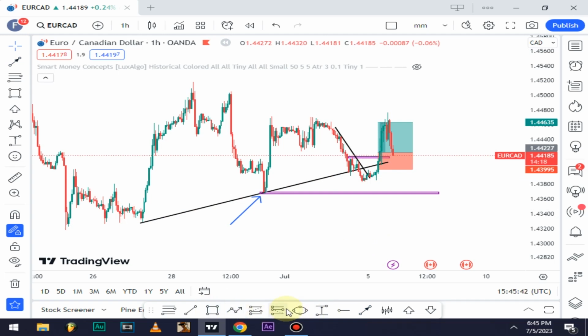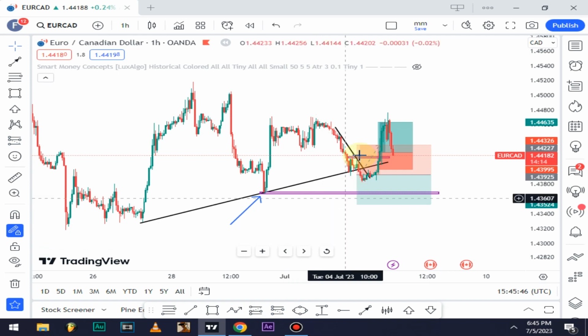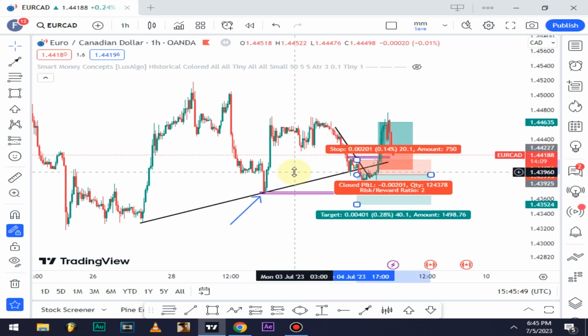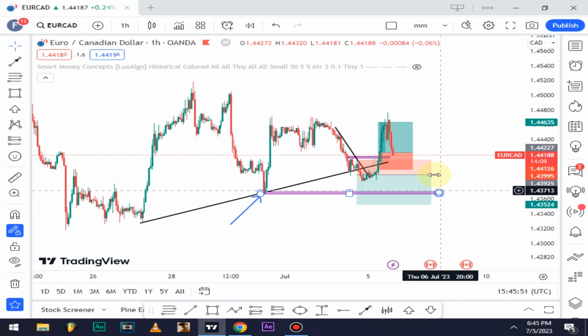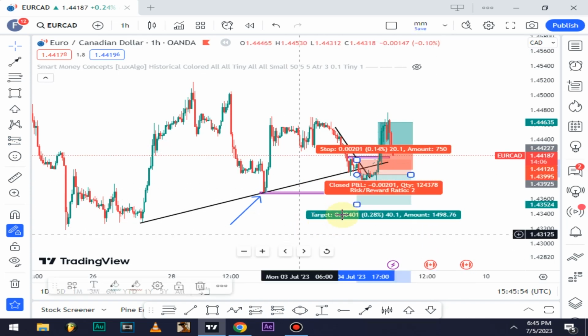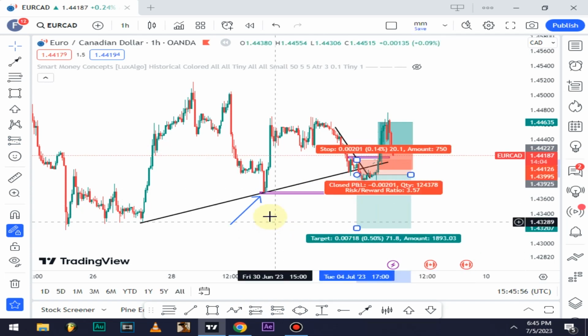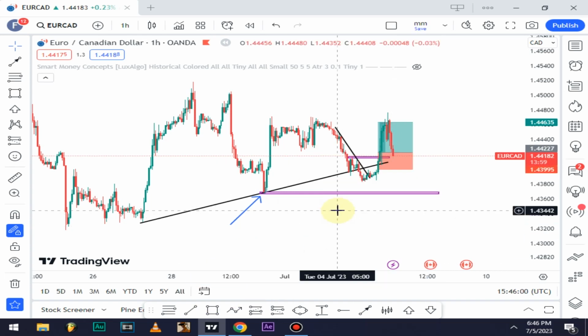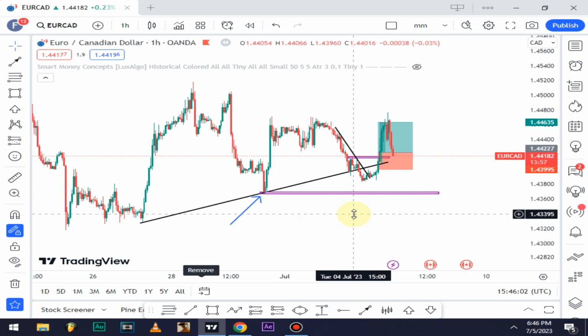I believe most people did take their sell entry there, making their stop loss maybe above the support, which was now a resistance, and maybe targeting all the way down, whichever risk to reward ratio, but then they were stopped out. All right, so for you, let's say you needed to take that sell entry.